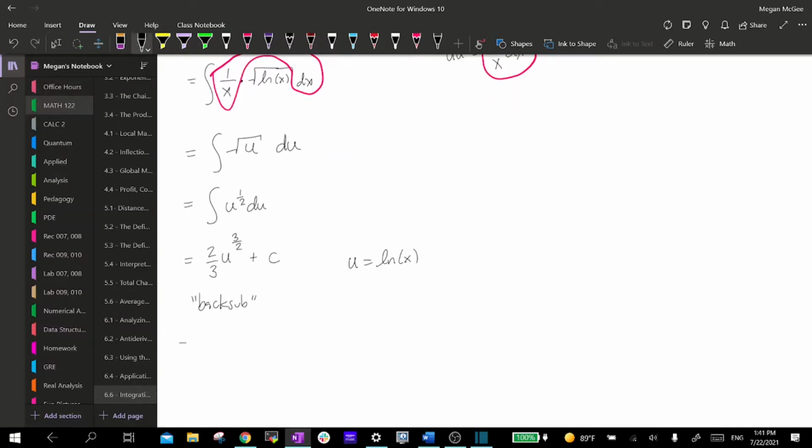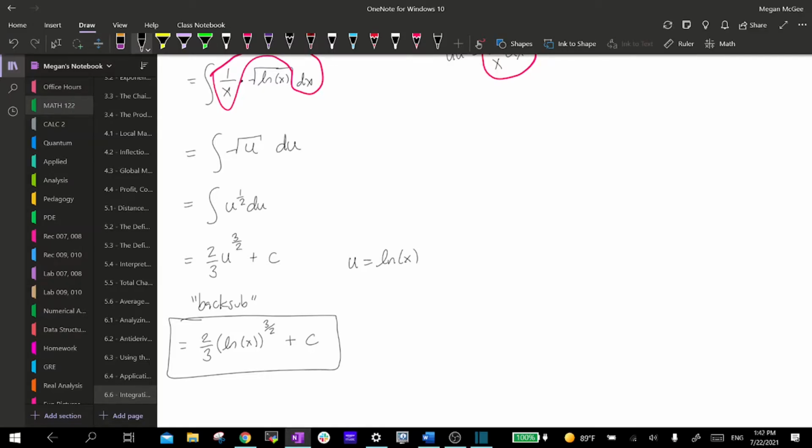We replace u with the natural log of x. So we have 2/3 times the natural log of x to the 3/2, and we still need to carry down our constant of integration, and that is our final answer. That's our first example of using u substitution to calculate an indefinite integral.